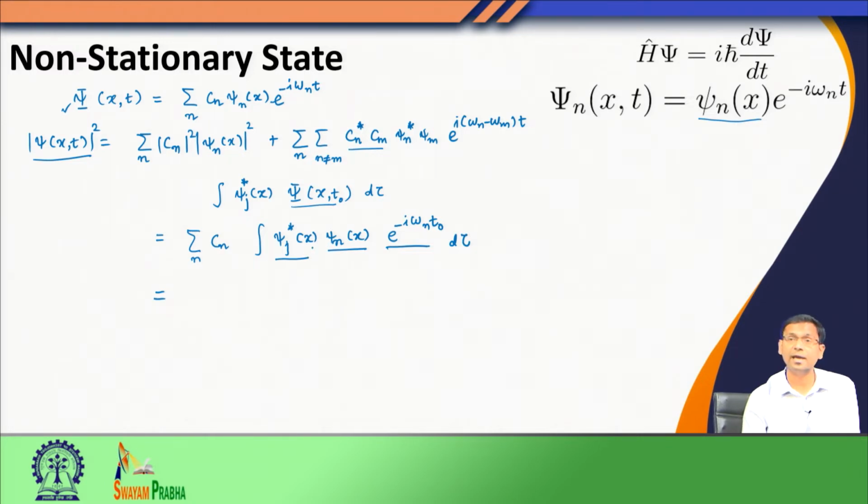Psi j and psi n are simply two eigenfunctions of the time independent Hamiltonian. Therefore, they are orthonormal to each other, because the Hamiltonian is a Hermitian operator and the eigenfunctions of a Hermitian operator are orthonormal. So, in this sum with n number of terms, I will be left with only one term, where n is equal to j.